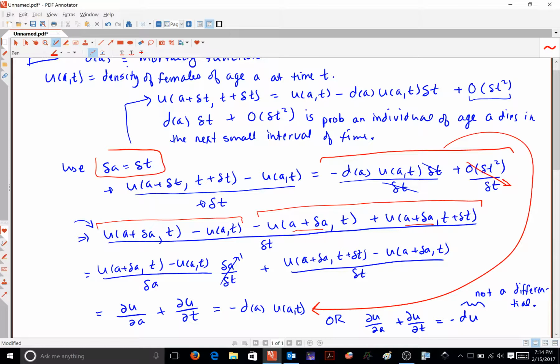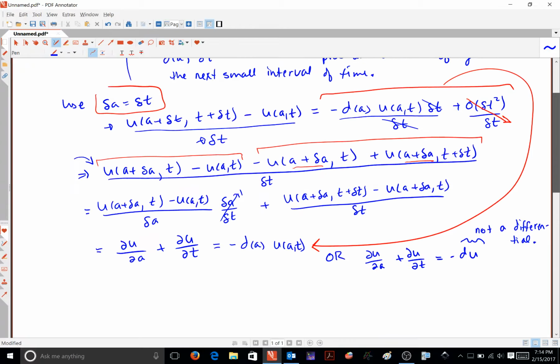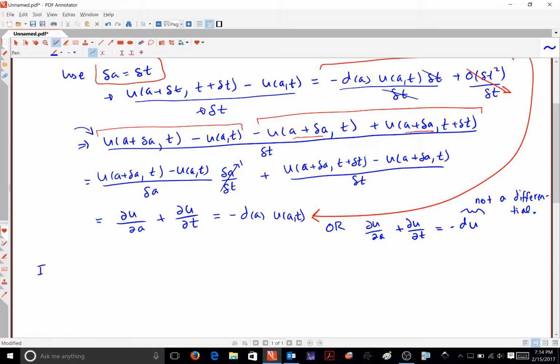Along these lines, then, they give us some initial conditions. So our initial conditions are u of a, 0 is equal to u0 of a, and that's equation 1.11.41.